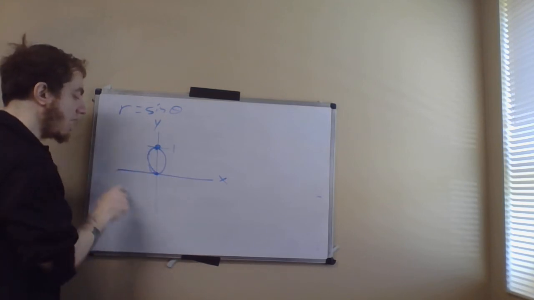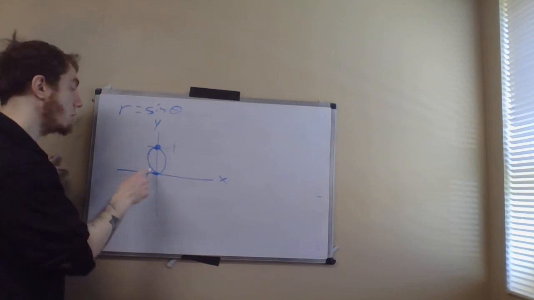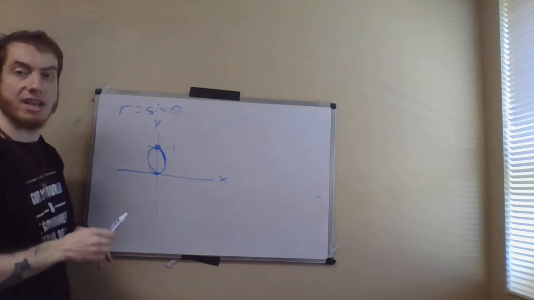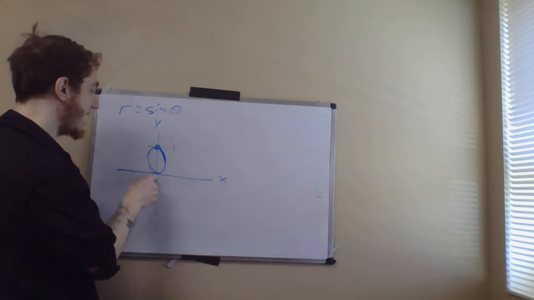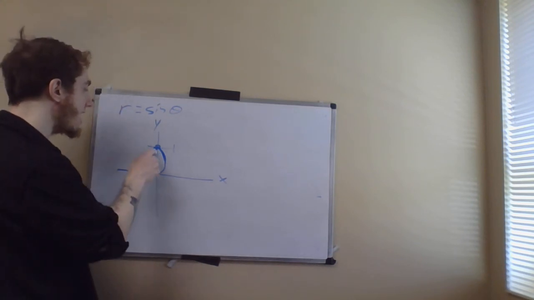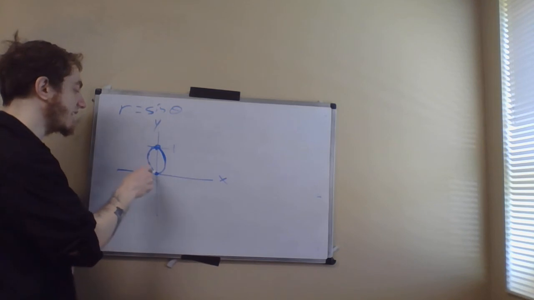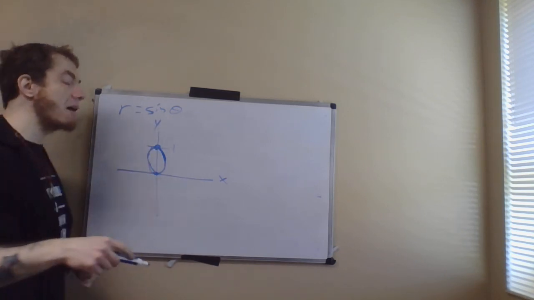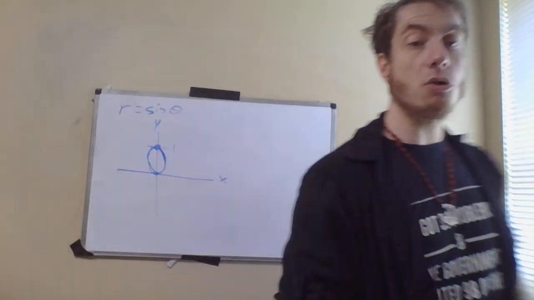Then as it goes from pi to 3 pi over 2, it becomes negative. And so it actually traces out this same curve again. And then as it goes from 3 pi over 2 to 2 pi, again, the radius is negative, so it traces out this same curve. And so what we get is this almost flower petal shape, but it's only in the one spot.